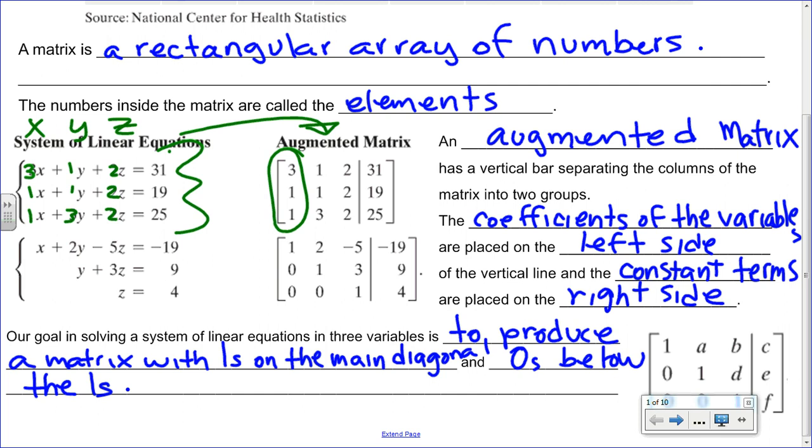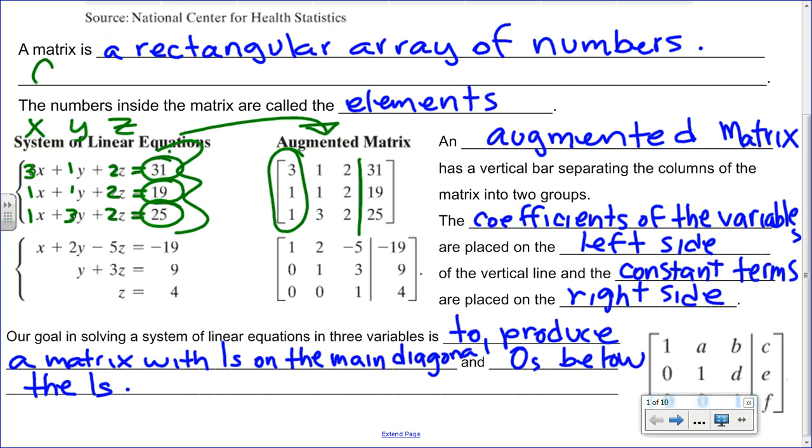So don't mix and match the variables between columns. And also, the equal sign on the augmented matrix is represented by the line that you see here. And the numbers on the right side of the line will be the constant terms that you see here, 31, 19, and 25.